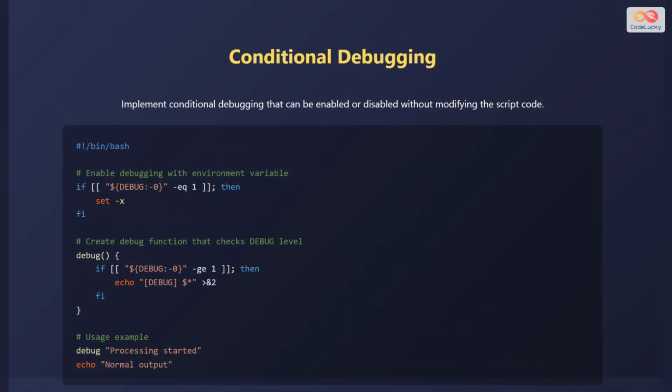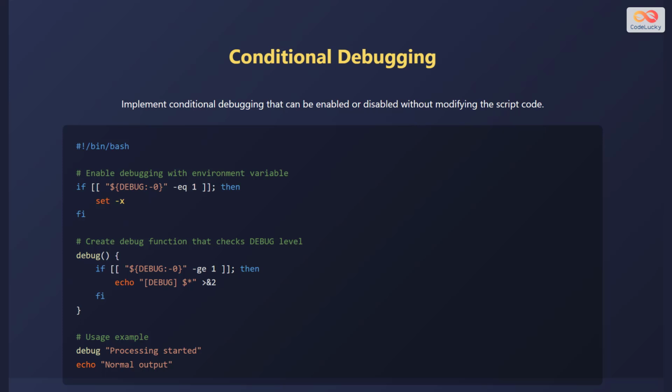Let's learn about conditional debugging. Implement conditional debugging that can be enabled or disabled without modifying the script code. The example code shows how to enable debugging with an environment variable. If the DEBUG environment variable is set to 1, set -x is executed, enabling tracing. Next, we create a debug function that checks the debug level.